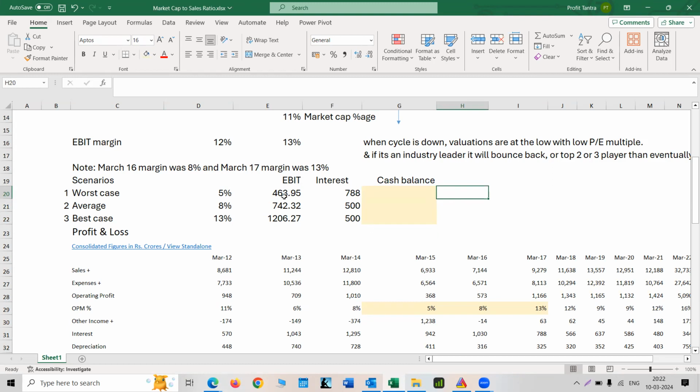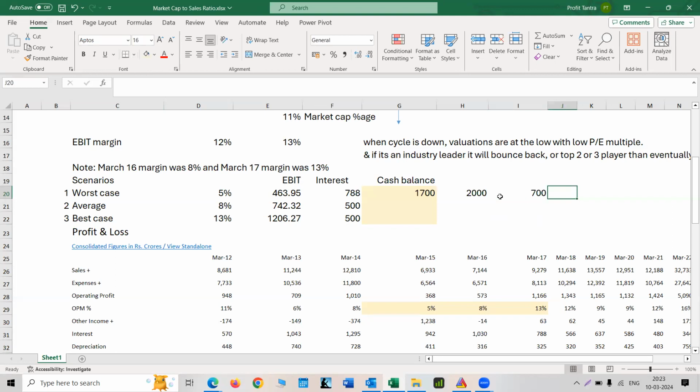Now suppose EBIT is say 2,200 crores. Then we'll come to the concept of free cash flows. Now suppose EBIT is 2,000 crores, cash balance is say 1,700 crores, interest is 700 crores. What will happen?